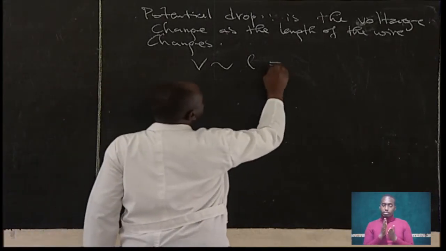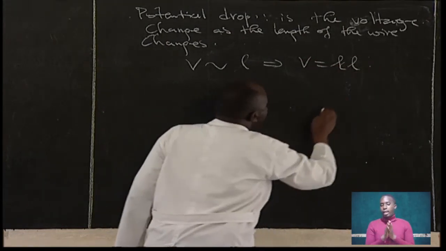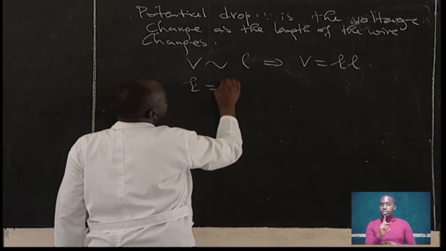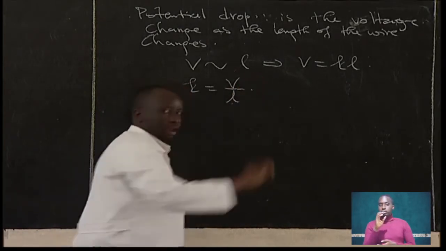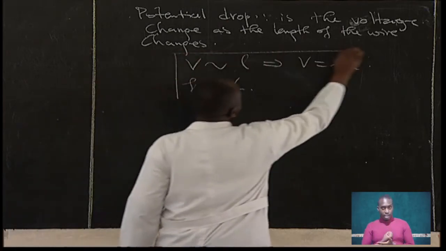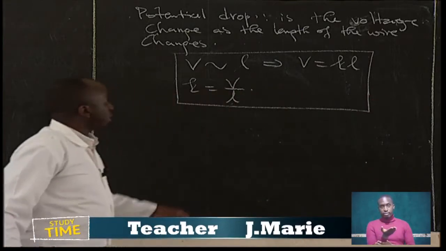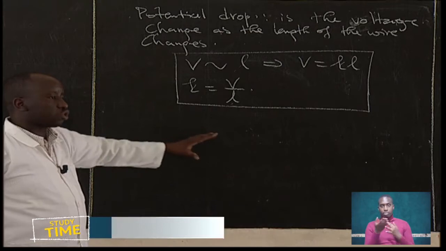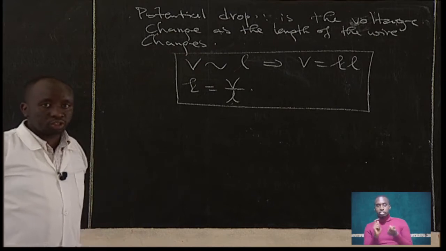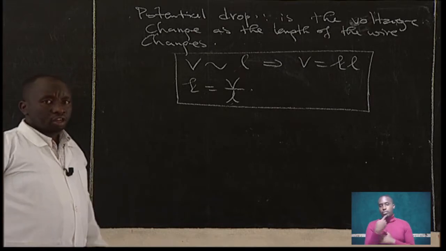And the constant of proportionality here is what we have called K, and this is V over L. It means that if we want to find this K, then we find it to be V over L. Do you get that? So when you understand this proportionality between the potential difference and the length, the change of length with the change of potential difference, then you understand the working principle of the potentiometer.